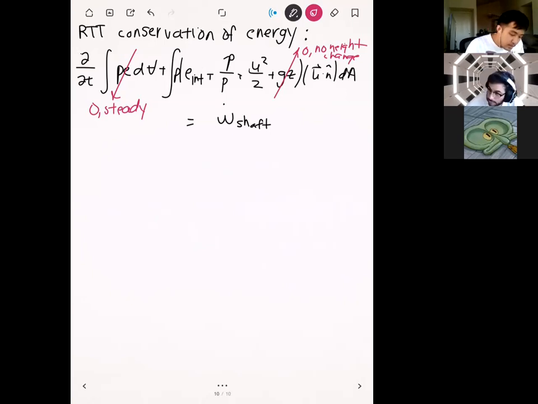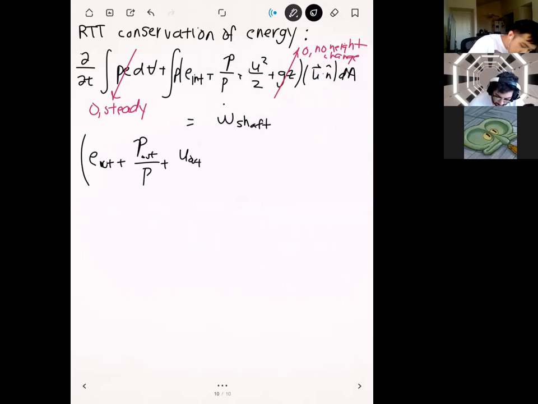And so we just apply the formula now. So then we evaluate this at our outlet and our inlet. And so we're going to have E out plus P out divided by rho plus U out squared over 2 times rho U out A out, minus the same quantities at the inlet.